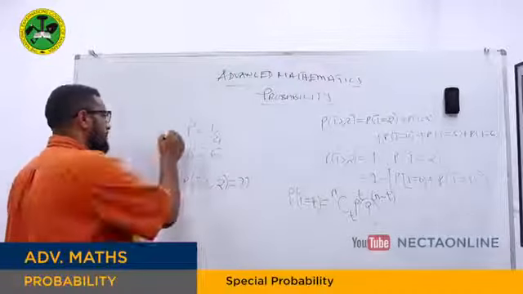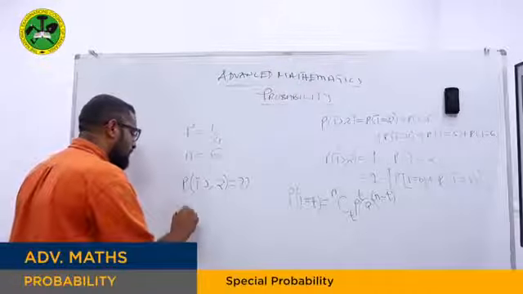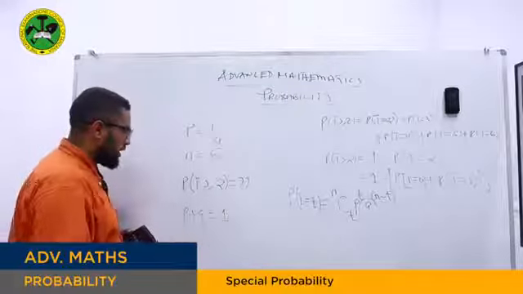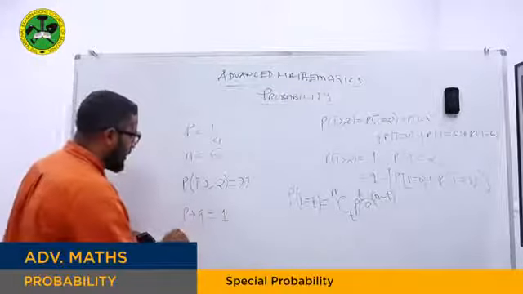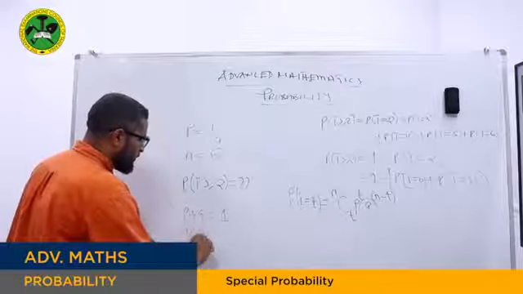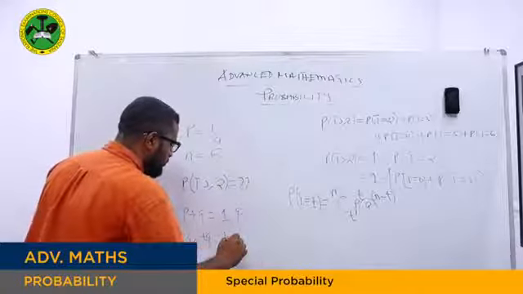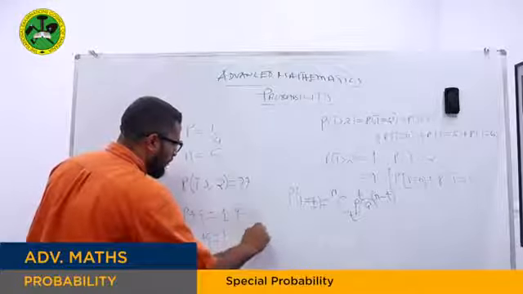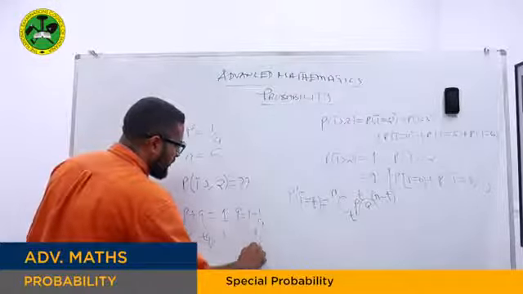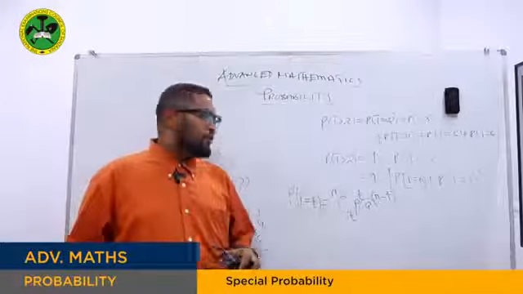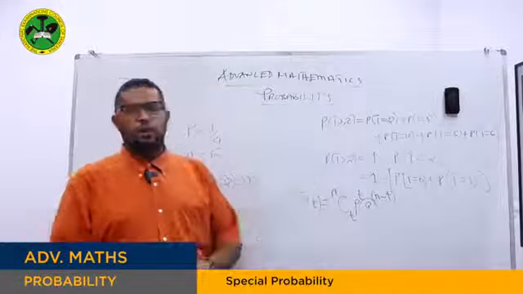But remember, the probability of success plus that of failure is equal to 1. Now, our p is 1 over 4, and p plus q is equal to 1. So q will be equal to 1 minus 1 over 4, which is equal to 3 over 4. That is the value of q, which is supposed to be substituted in our formula.